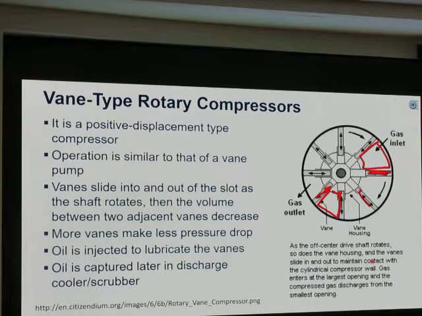So we physically compress it that way when we spin. So this type is what type? PD? You agree with me? Yes, I say yes. Okay, let's move on. So this is PD. For the rest, try to at least know one of these, whether it's positive displacement type or what.